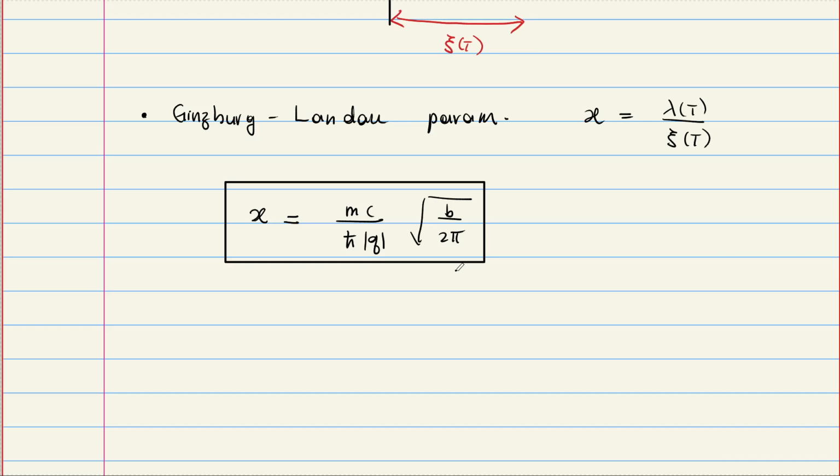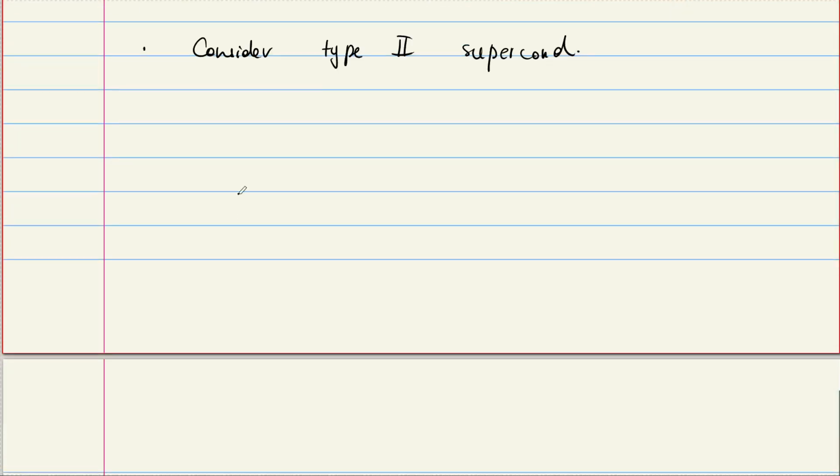Now I want to consider type 2 superconductors. And the picture was something like this. So we have this minus m, and we have this external applied field, and there were two critical fields.